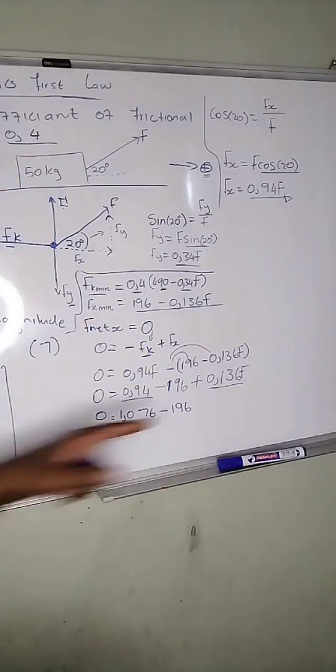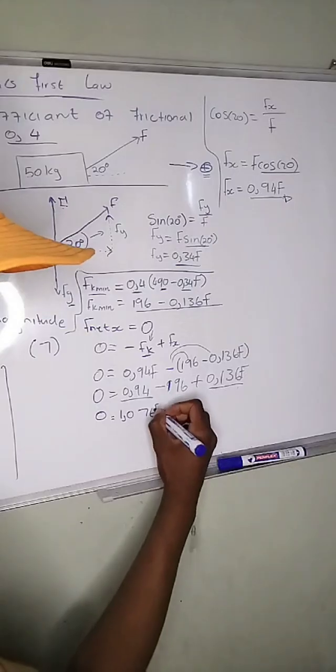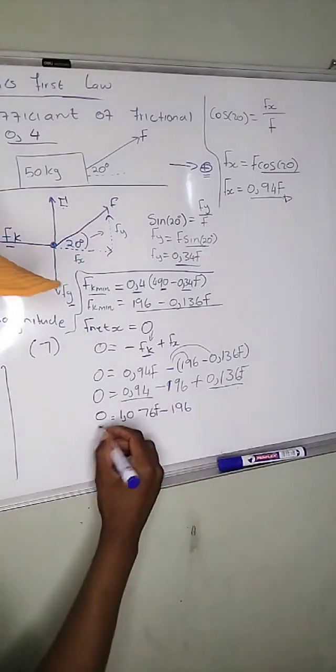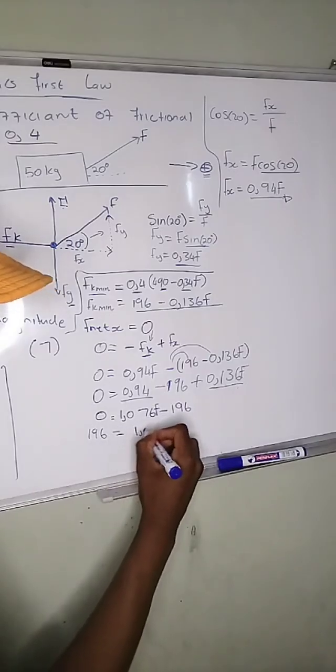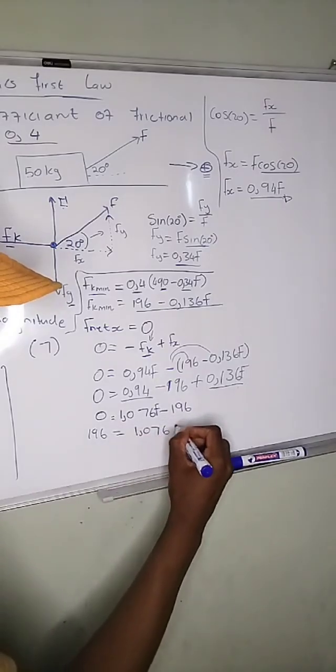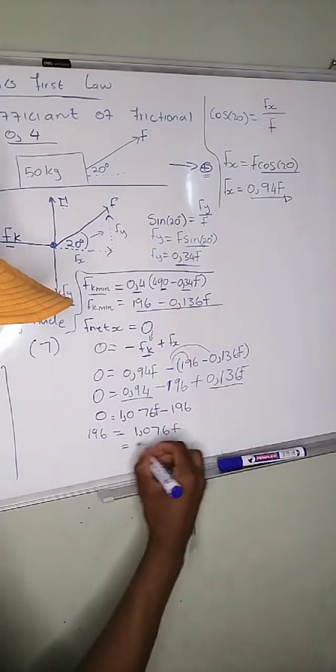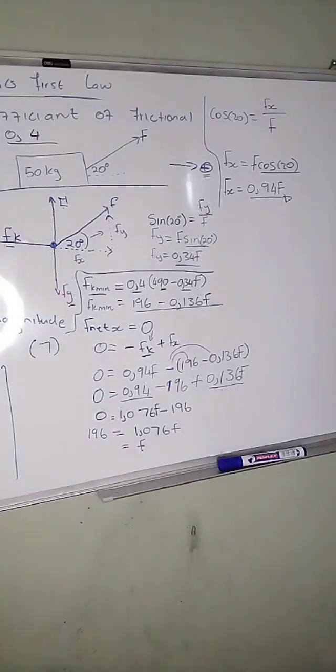Then I will take this guy to the other side, and I'm going to have 196. It's going to be 1.076 F. Then what's going to be the value of F?